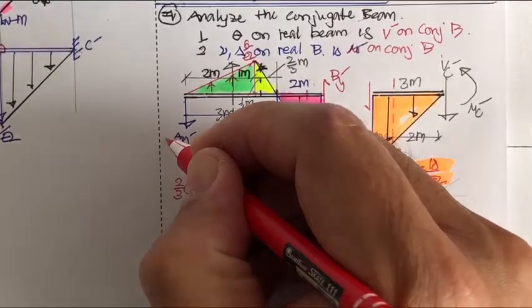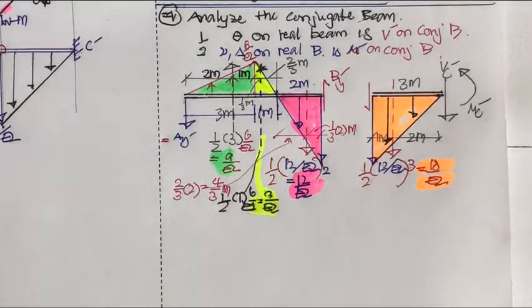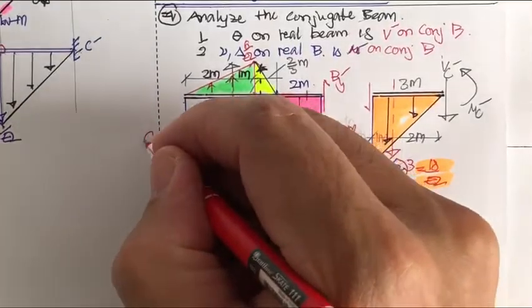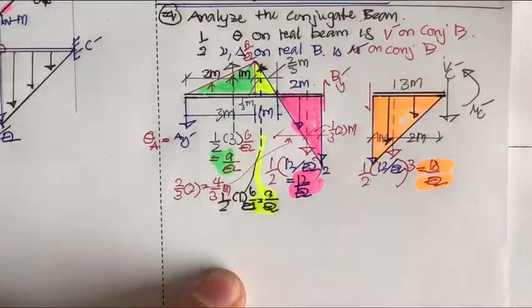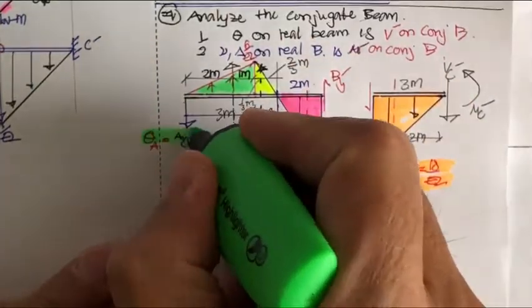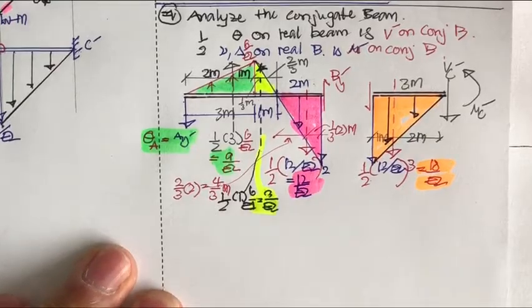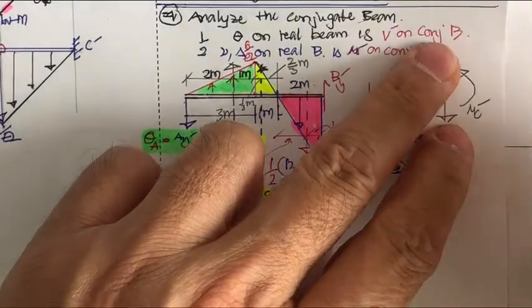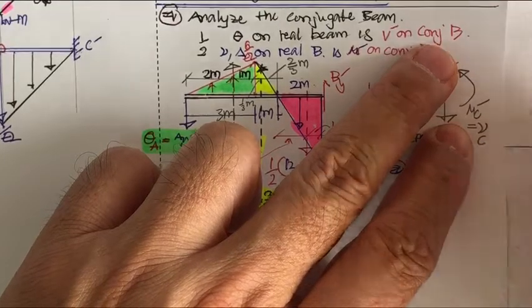The a sub y prime here is going to be zeta sub a. Okay, as we mentioned before, this is going to be zeta sub a. And m sub c prime here is going to be v sub c.